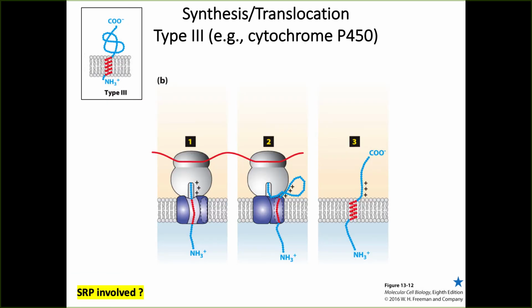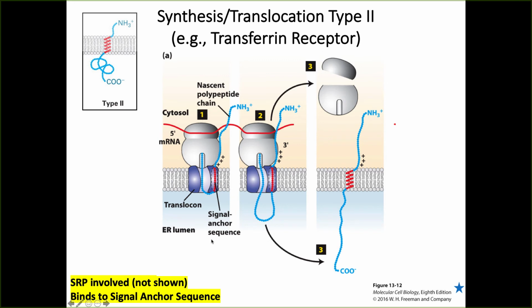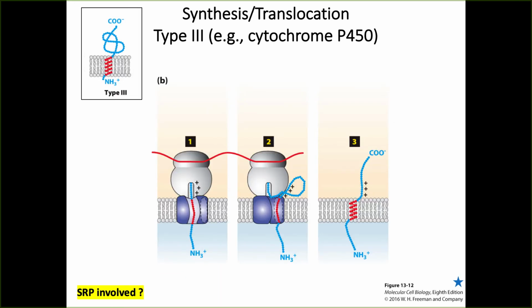So now we are looking at type 3. In type 3, you have the N-terminal sequence towards the cytoplasmic end. Last part, you saw that this is the C-terminal end right here. So here is also very similar.